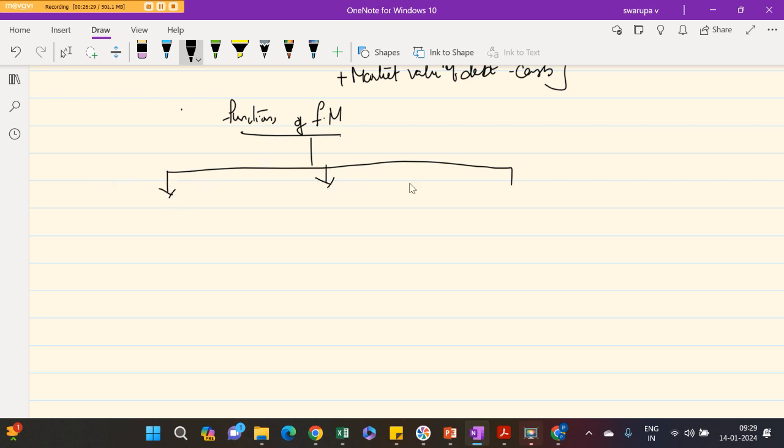From corporate perspective, what will be the functions? It is more or less similar to what we discussed for a small textile shop. We have three decisions that we will make: investment decision, financing decision, and dividend decision. Dividend decision because it's a corporate and they pay dividend.